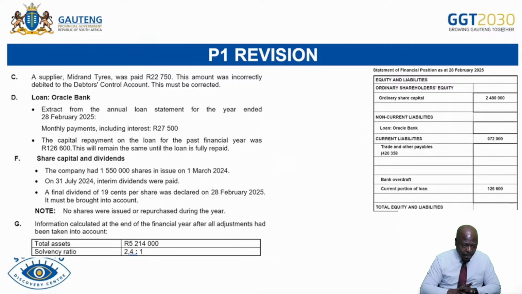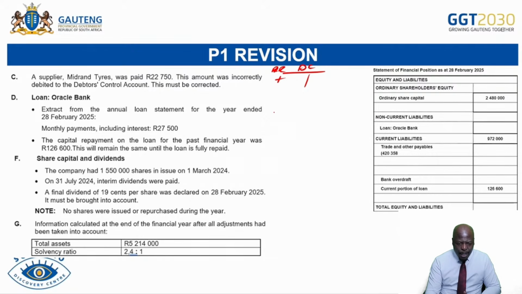So it says, information C, a supplier, Mid-Rent Tiles, was paid 22,750. This amount was incorrectly debited to the debtors control account. This must be corrected. So you must understand that if you're in the debtors control, the debit side is the plus side.